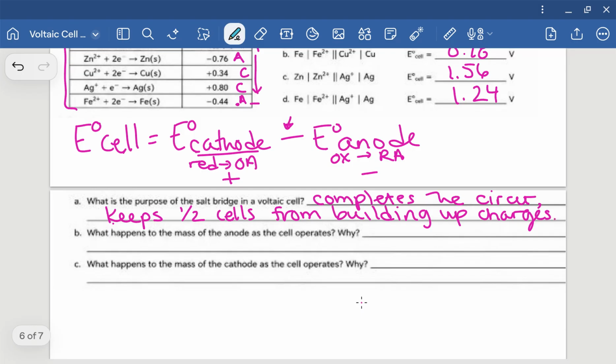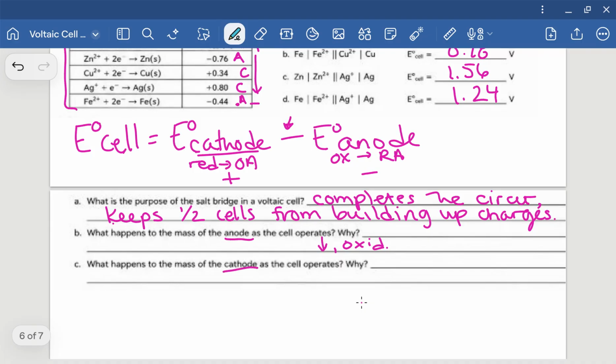So what happens to the mass of the anode? So as we talked about, at the anode, because it's going to split off into ions and electrons, it is decreasing in mass, and that is because it's undergoing oxidation. It's losing electrons, which means it's breaking up into its ion as well, and ions go into solution. And the other one, what is happening at the cathode?